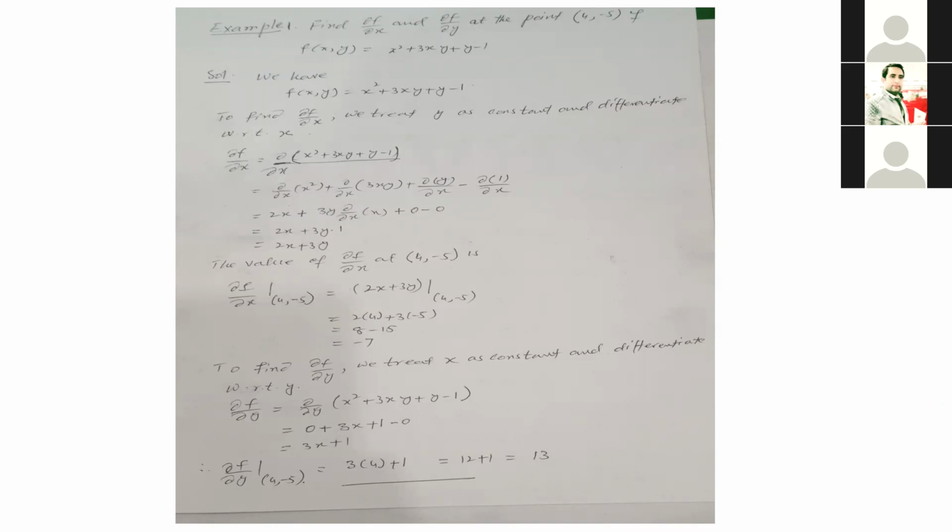Here the function is x square plus 3xy plus y minus 1. This is given, a function in two variables. And we are trying to find this partial differentiation with respect to x and y at the point 4 and minus 5.